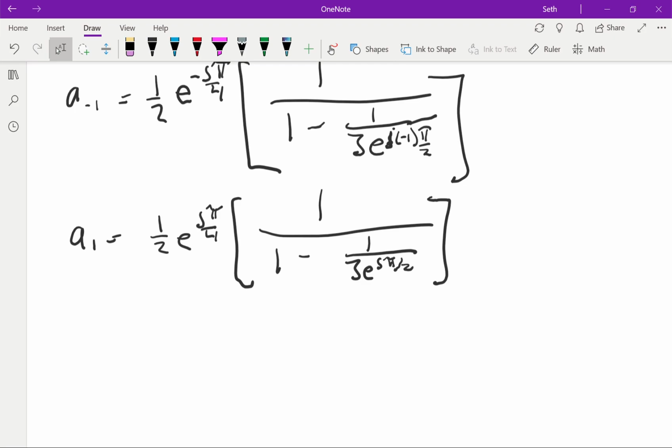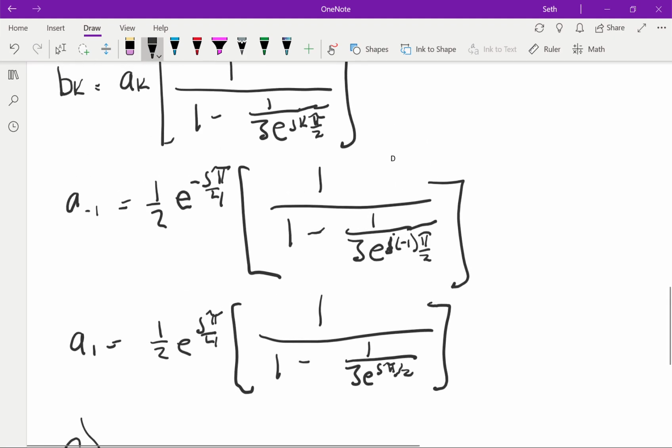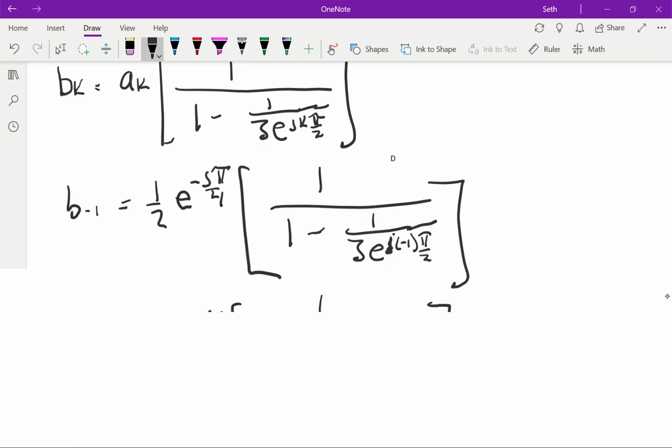So part C asks us to find the Fourier series representation of y of n. We have everything here. We have the coefficients, and I'm sorry, I wrote these as a, but it's actually b.